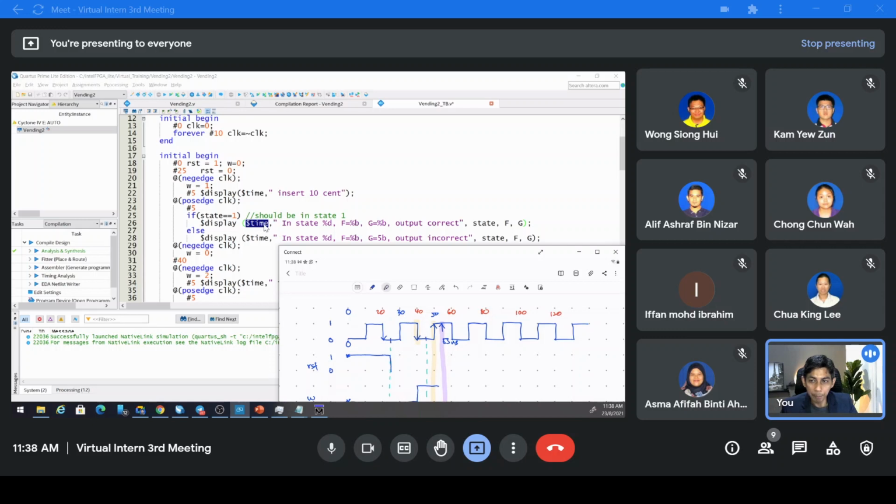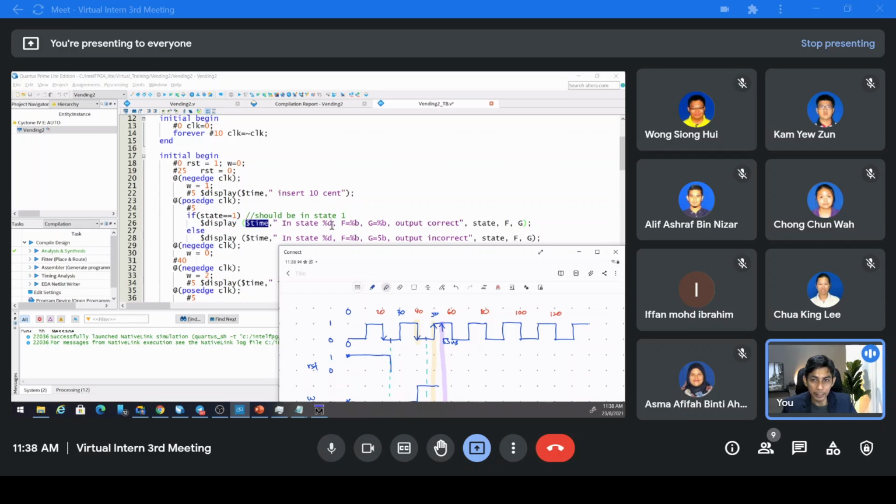So you have time, and this is just like in C++ or C when you use printf. This means print what you say here, and when you put a percent here, it will actually refer to the number, to what you have here.